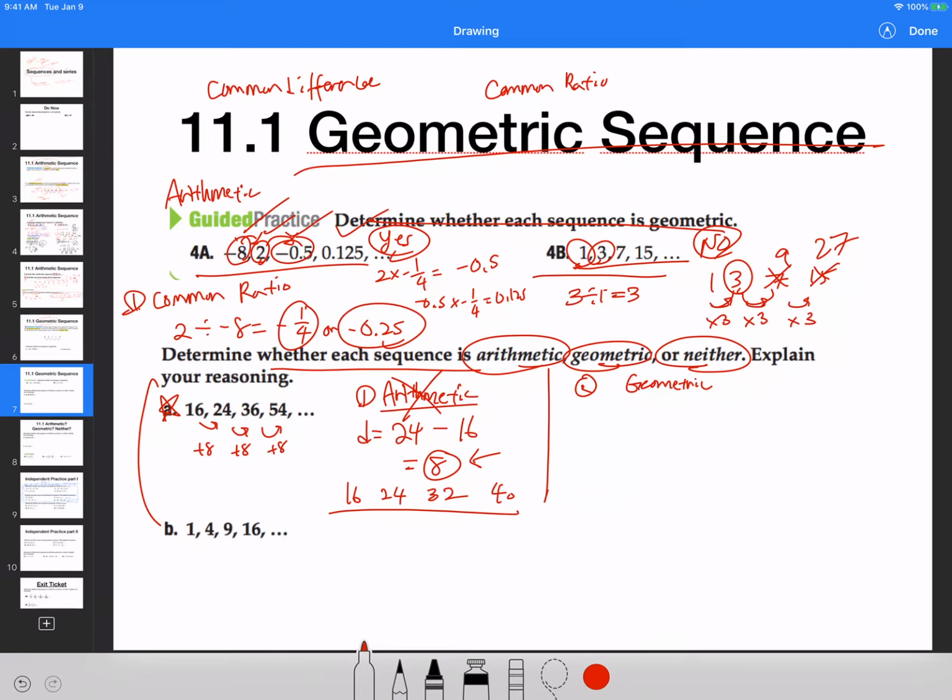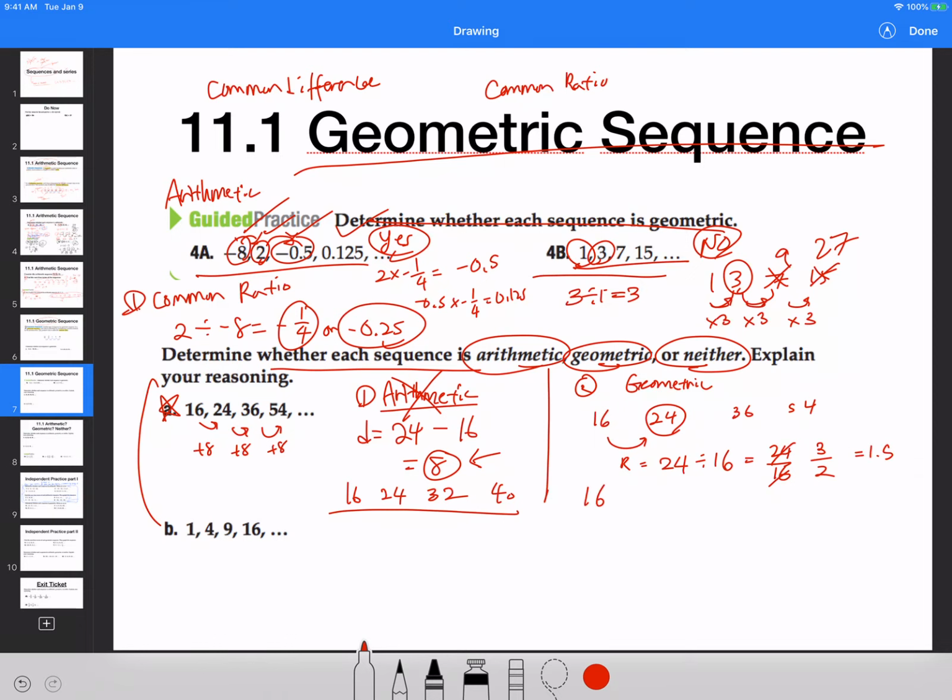Next, geometric. Well, we have 16, 24, 36, and 54. So what is my common ratio? That is what I need to solve for. Second term divided by the first term. I know it's going to be a little bit of an awkward number, but you should get 24 over 16. You would reduce that to 3 over 2, which is the same thing as 1.5.